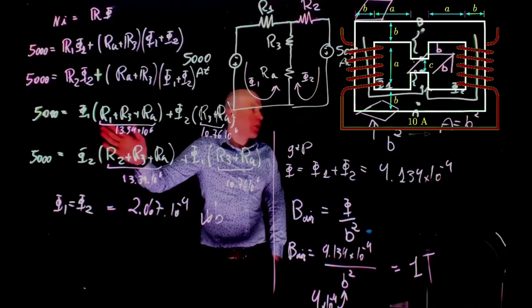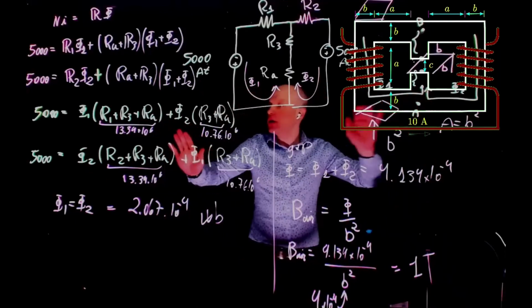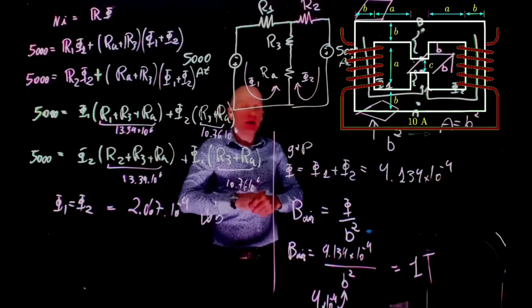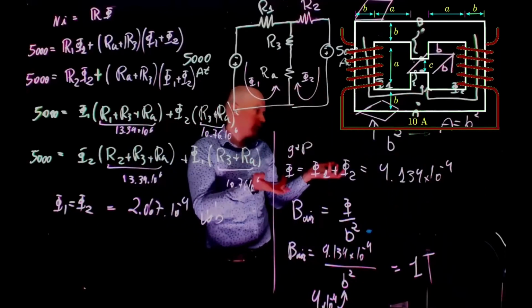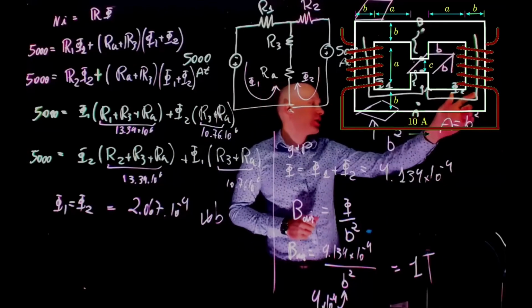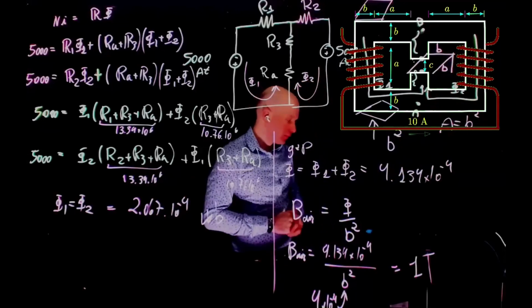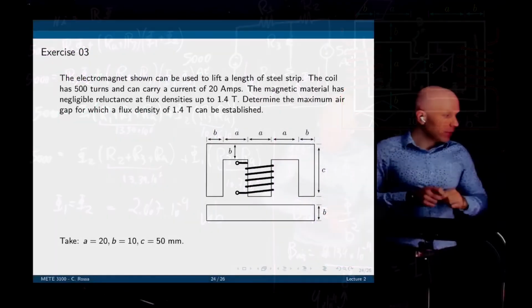And it would save us a lot of time. So I could have said here, because this is symmetric, then phi1 and phi2 are the same. But I have it here just in case we have systems where symmetry does not apply. For example, if the cross-section on this leg here was different, then this would not apply.